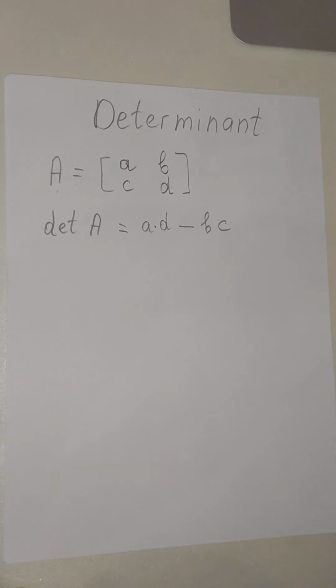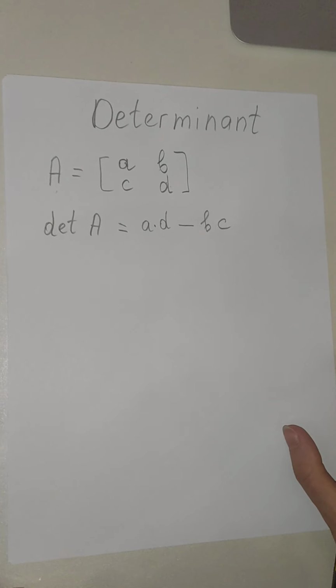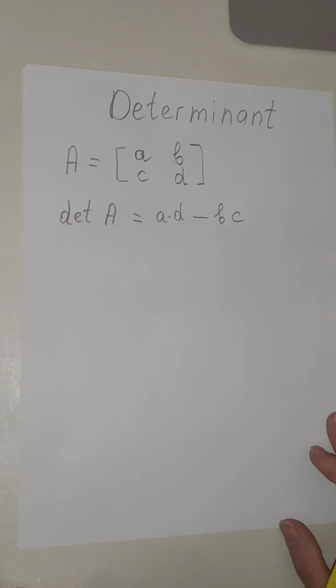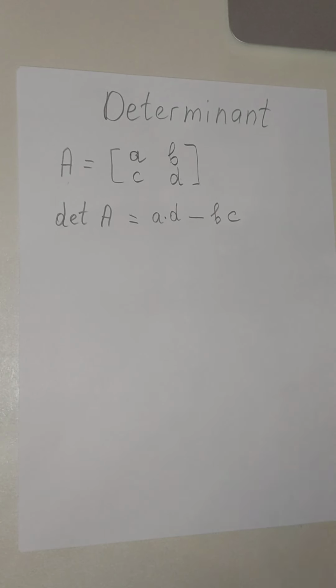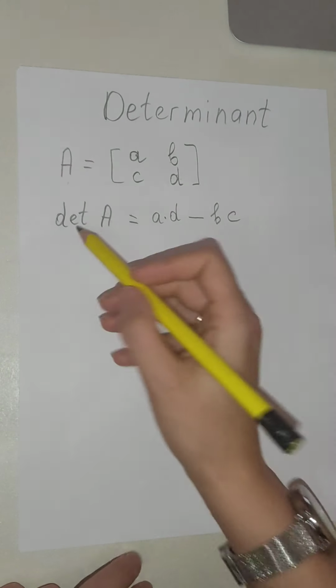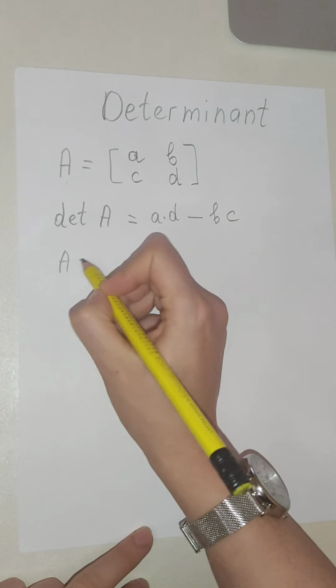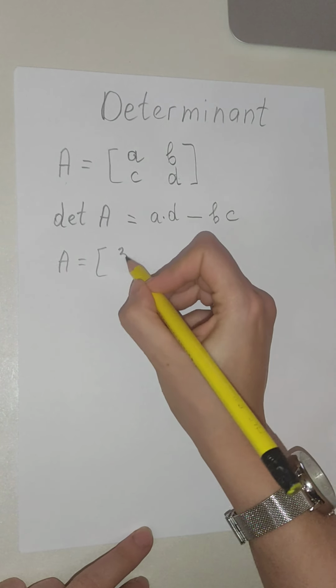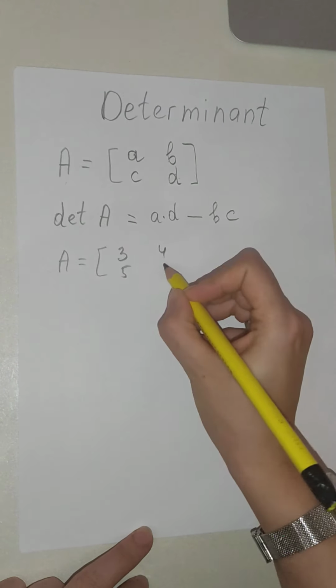The determinant of a 3 by 3 matrix involves 6 terms, and we will explain. For example, let's explain the determinant of a 2 by 2 matrix. For example, A is equal to 3, 4, 5, 6.